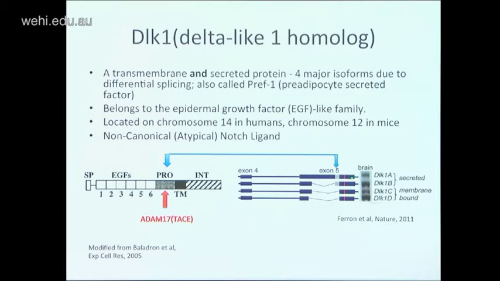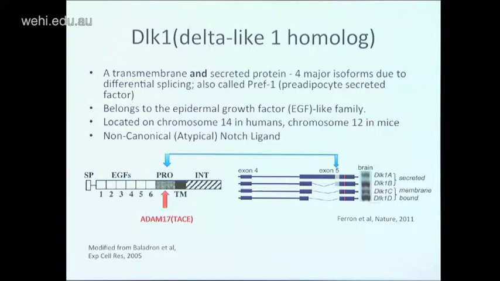Obviously, this form can give rise to secreted forms, and so does Dlk1b, which, despite the splicing of a lot of exon 5, still possesses this protease target region and therefore still can give rise to secreted form. But these 2 forms here can only exist as membrane-bound forms, because the splicing of the protease target region means that the protease cannot act, and therefore they can only exist as membrane-bound forms.